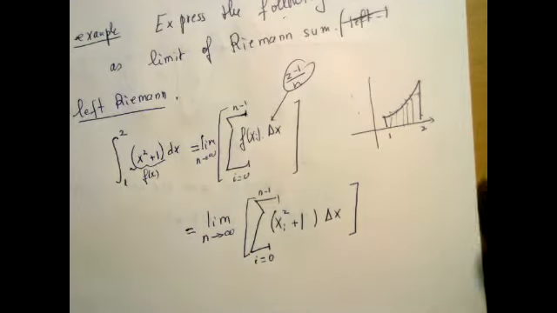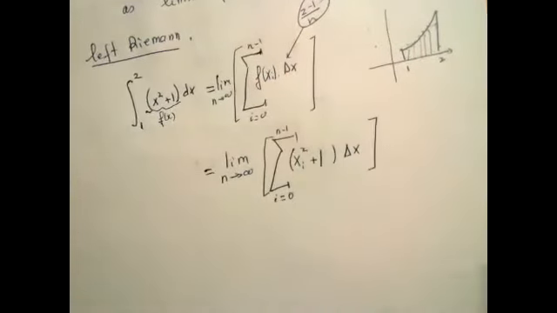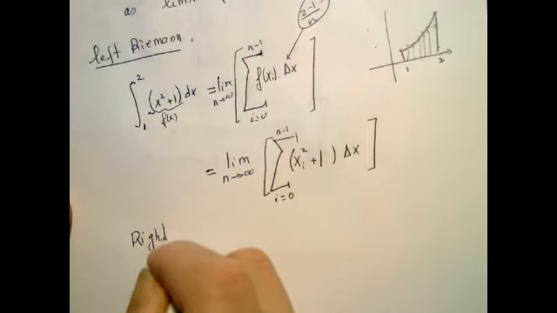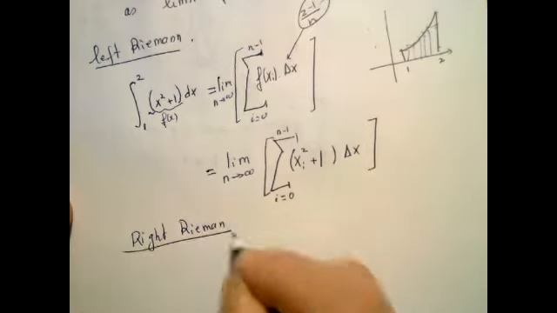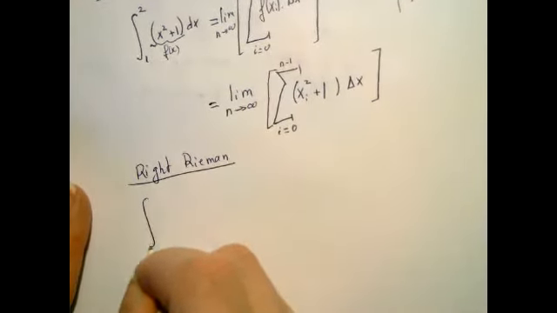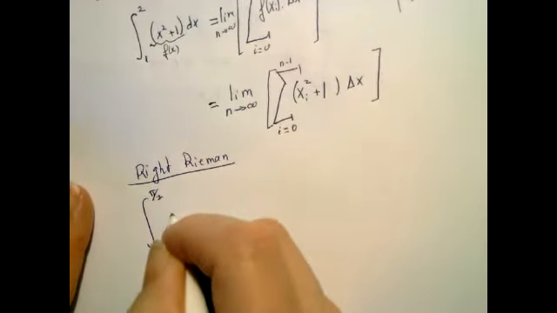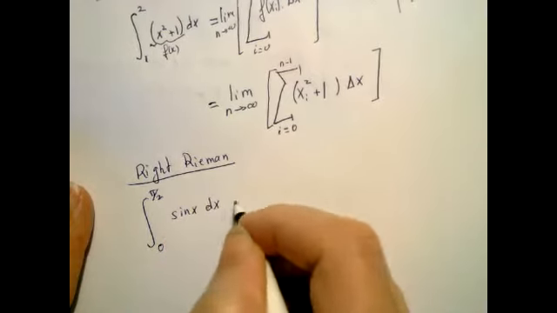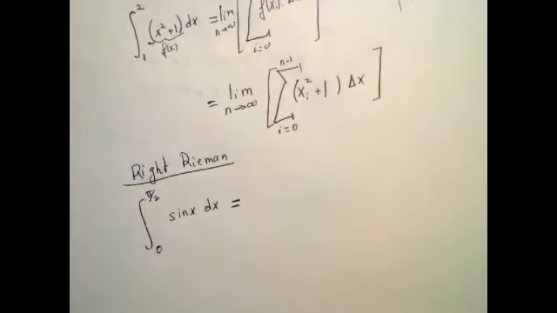I mean, quite a bit, so you get used to this kind of notation. Now let us write a Riemann sum for the following. It's simple, but it's crucial. Suppose I give you the integral from 0 to pi over 2 of sine x dx. Now I want to write it in the same way.